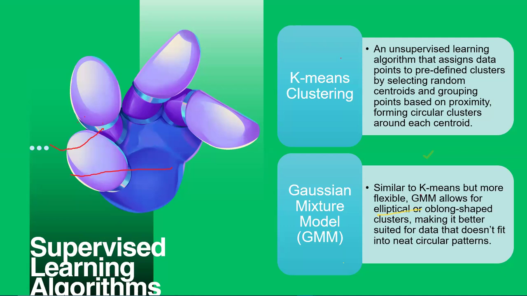So the centroid is the middle point for each of these clusters. From the word center, centroid, the middle point of each cluster. Think of it like the rallying point, the muster point, where all the points within that particular cluster gather around.